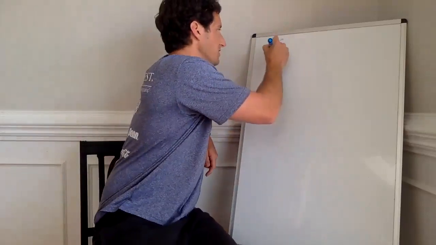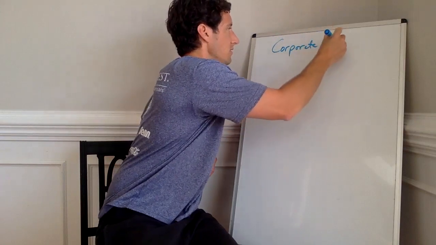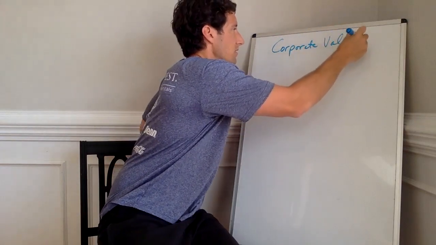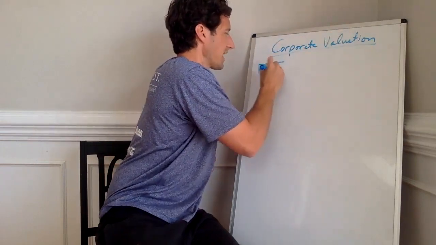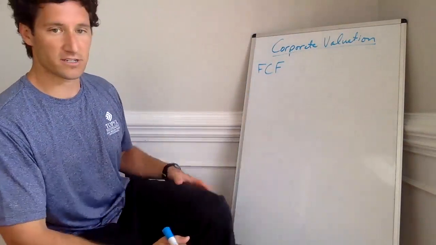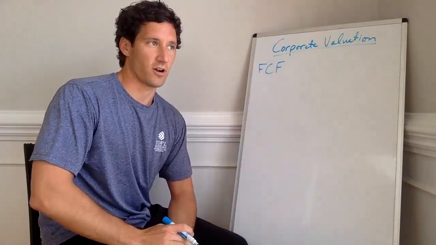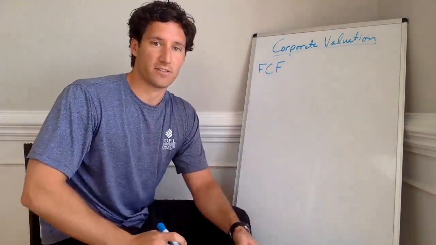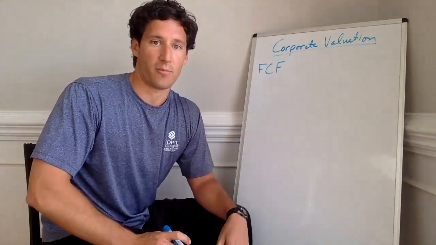So, corporate valuation model. We're going to look at the firm's free cash flows. Remember from early on in the semester when we calculated free cash flow, we're talking about the leftover cash the firm generates that could be pulled out without harming their operations.